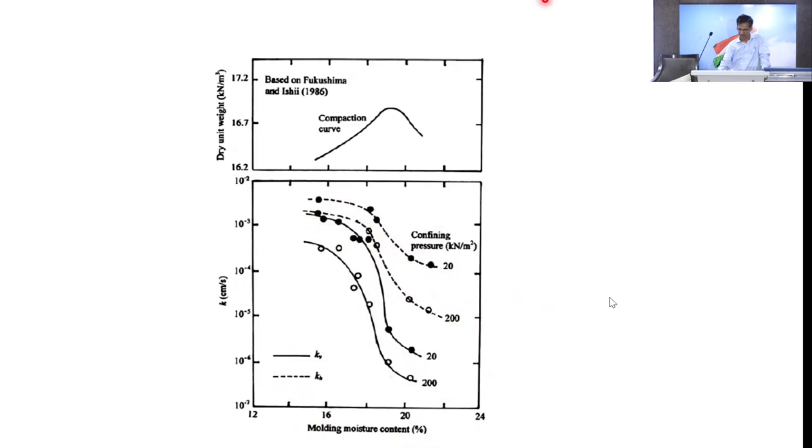Many times we say K, the coefficient of permeability, but is it the vertical or the horizontal coefficient of permeability? In a layer, vertical permeability is generally higher than horizontal, if you go by Darcy's law and so on.